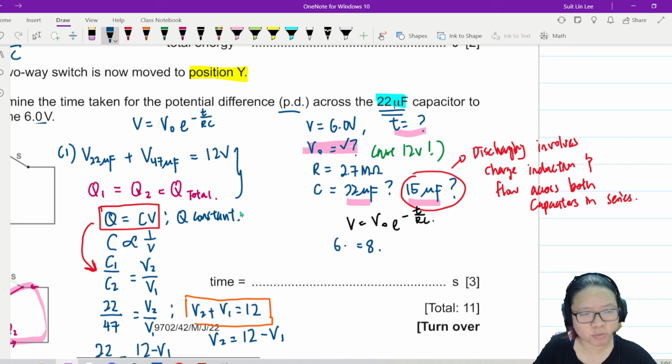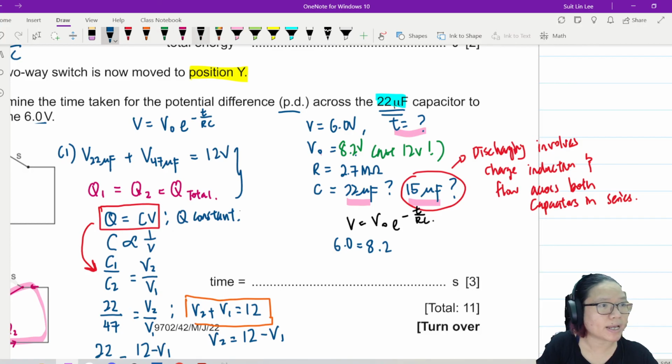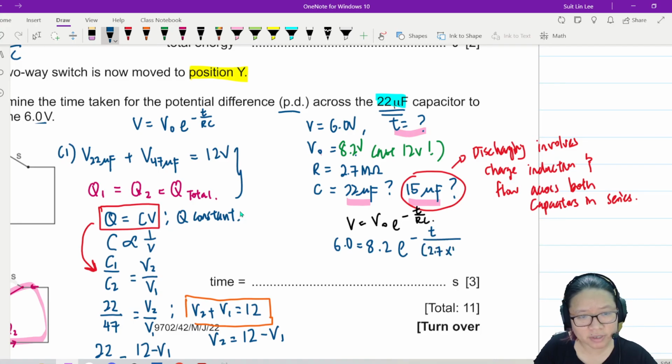So V is 6.0, V naught is 8.2 volt. And I'll have e to the power of negative t over R, where R is 2.7 times 10 to the power of 6, and C is 15 times 10 to the power of negative 6.